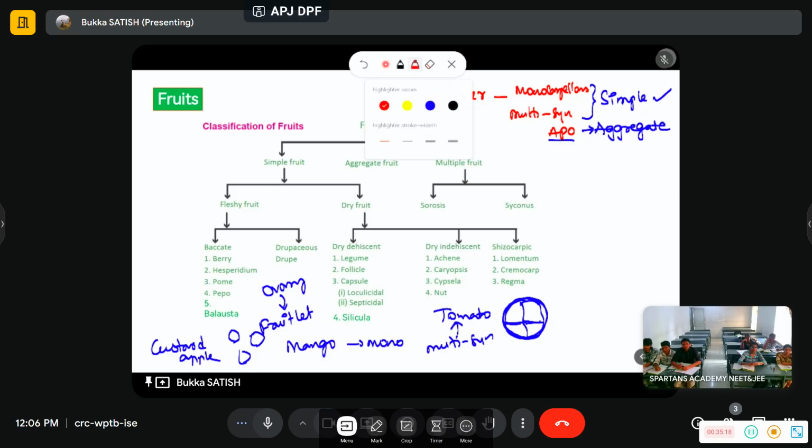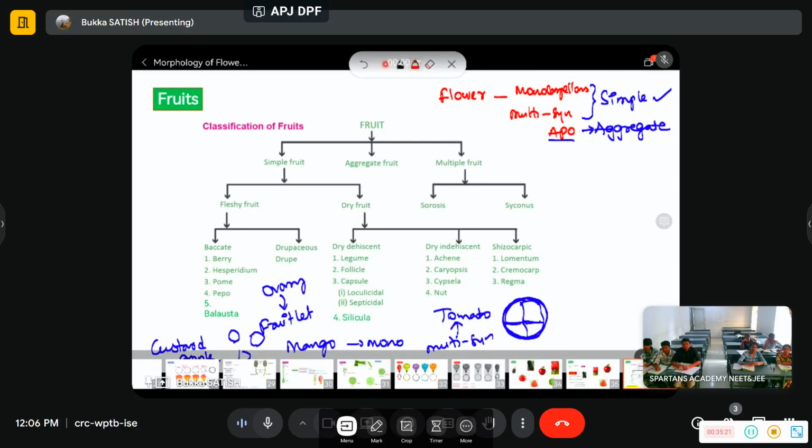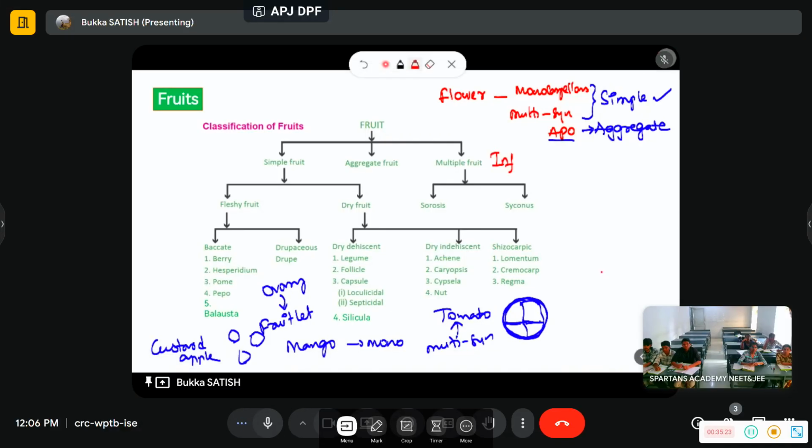And finally, if the complete inflorescence, not the flower, develops into fruit, then that fruit is what we call multiple fruit or composite fruit.